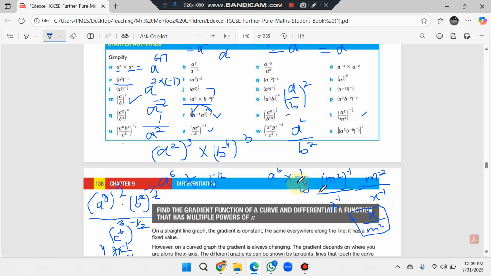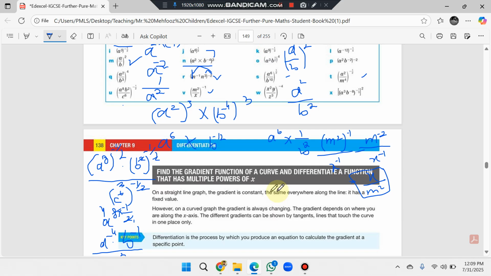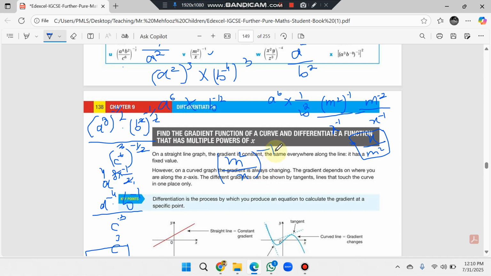The other simplification method is that here we have m squared over x whole raised to the power minus 1, right? If we just take the reciprocal, your negative power will become positive. So its answer will be x over m squared.